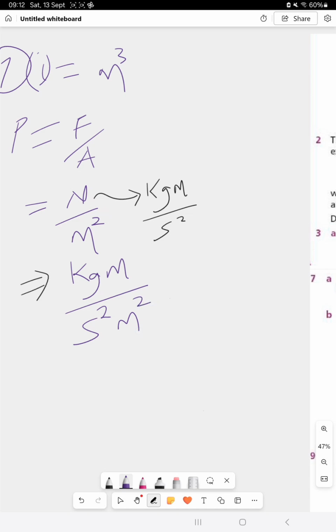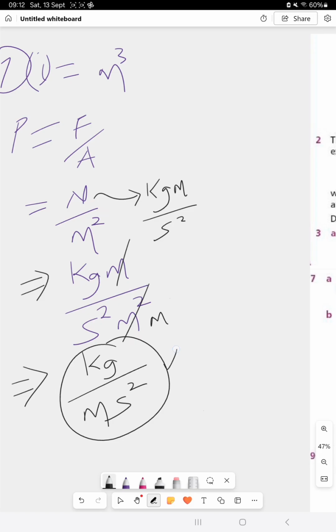Then we will have something cancelling. This meter and this one will cancel, and I will remain with 1 meter here. And therefore, finally, I will have my answer as kilogram over meter second squared. Therefore, we have shown.